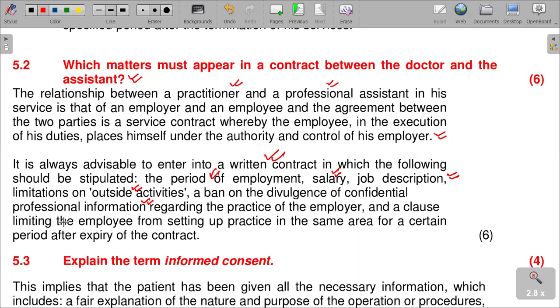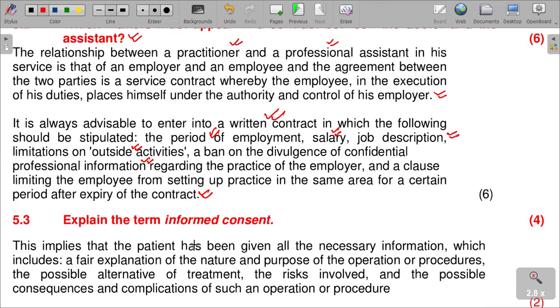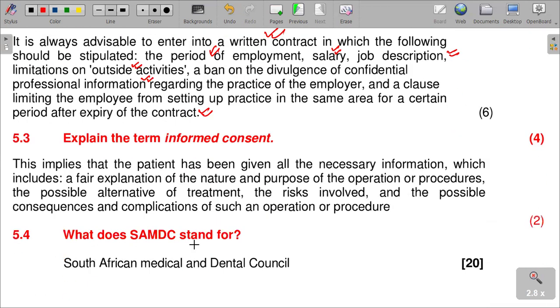And a clause limiting the employee from setting up practice in the same area for a certain period after expiry of the contract, to say that once the assistant's employment has been terminated, there is a period during which that assistant cannot start his or her own business within that vicinity.